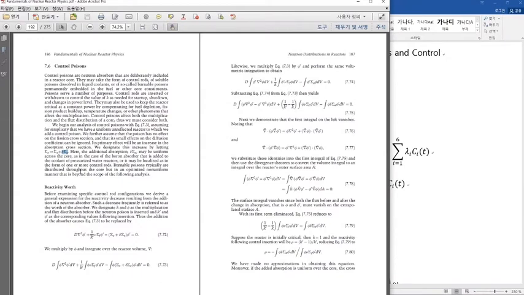Or it can also be interpreted that delta sigma A is the amount of absorption cross-section induced by control rods. So how can we analyze that?